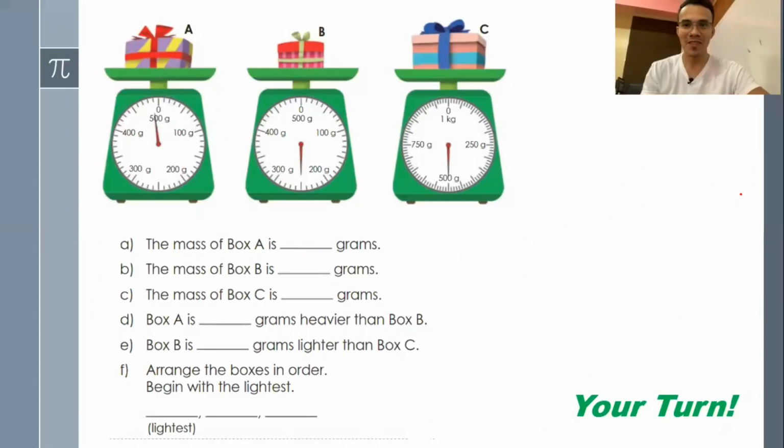Time is up. Let's see if you get a perfect score in this activity.